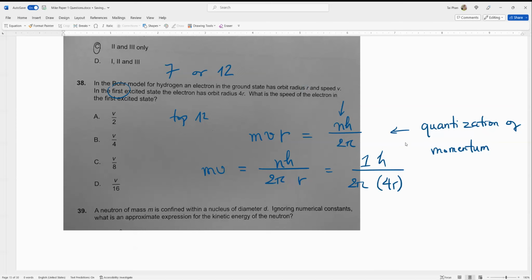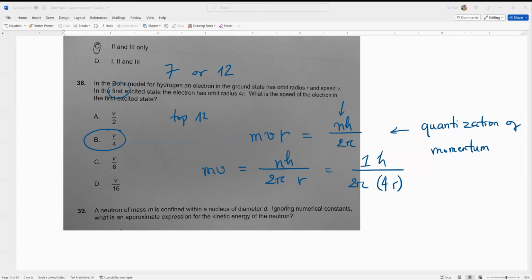The new velocity must be 1/8 of the old velocity, no, 1/4, not 1/8, yeah, 1/4, because there's the 4 here at the distance. The ground state, the first excited state, ground state n is 0. Let me check that.